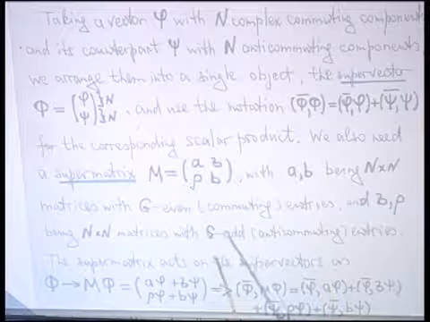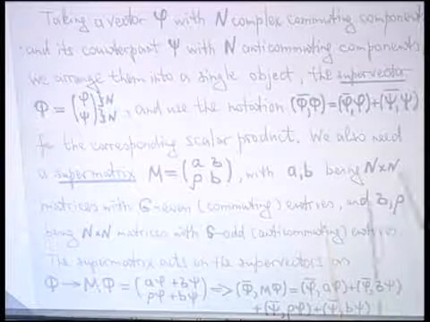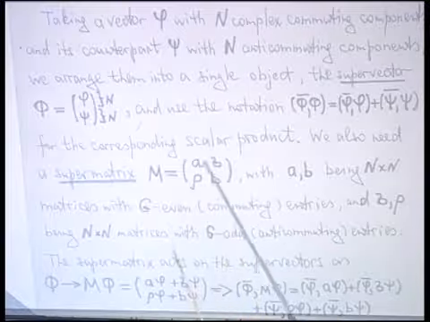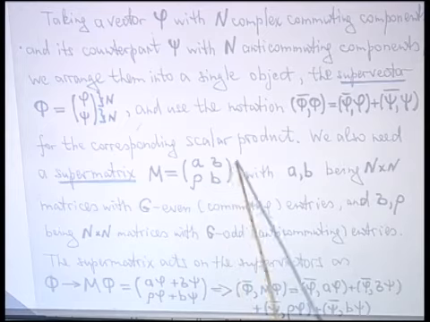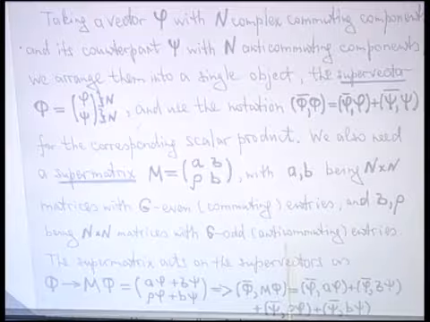So they are G-even elements of our algebra. As I discussed, A and B are just matrices with commuting entries, but sigma and rho, the off-diagonal entries, are anti-commuting Grassmann variables or G-odd components of our algebra.